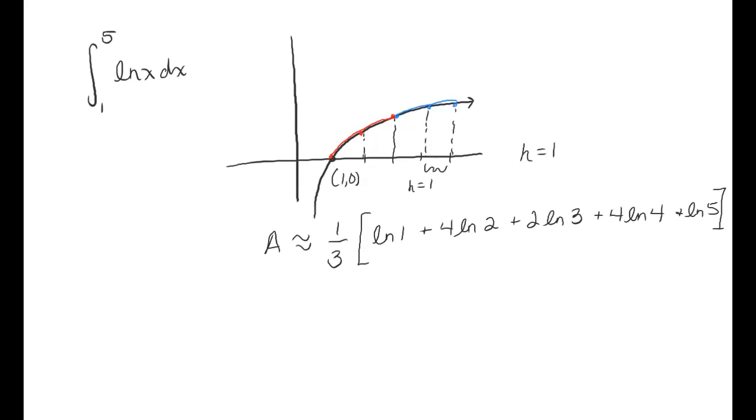I think I can do this kind of nicely because I typed it into Mathematica, so I can copy and paste and then just change the numbers that I need to change. And I get approximately 4.041.